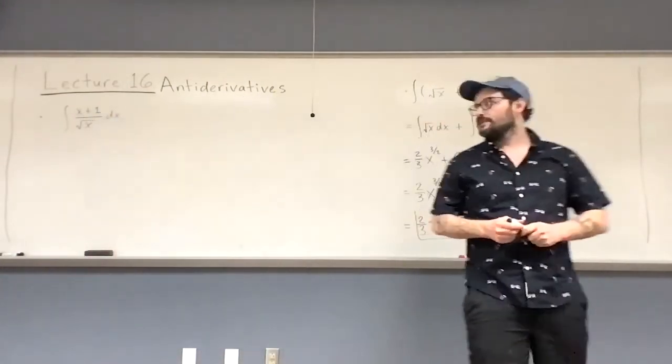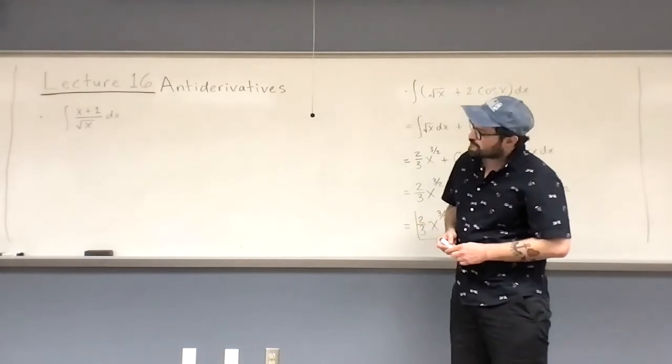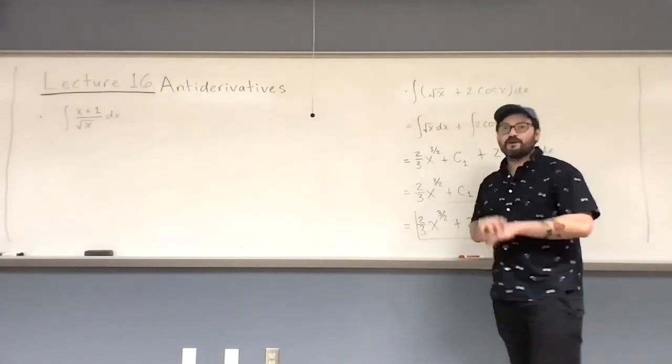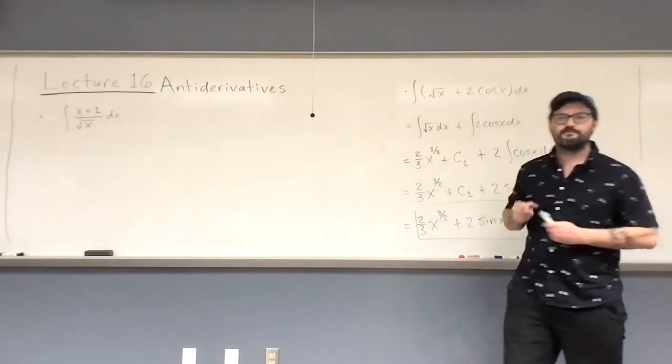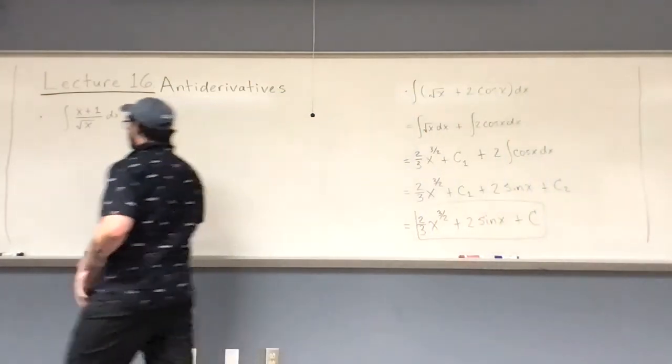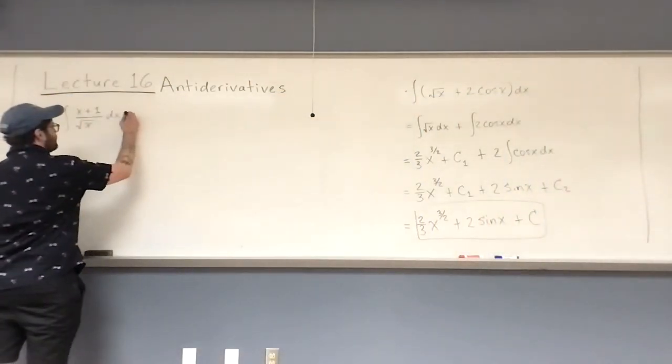It's different. However, when things look weird like this, it helps to try to make it look like a sum, if you can. So we can split this ratio up as follows.